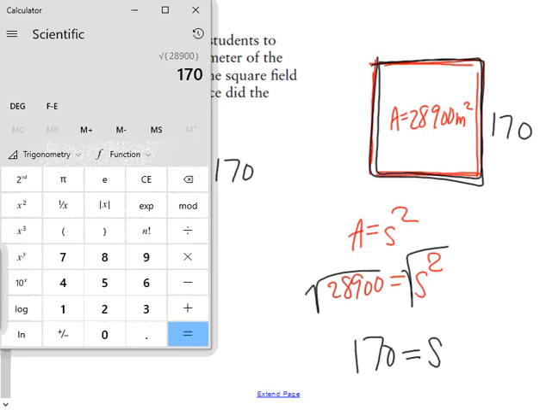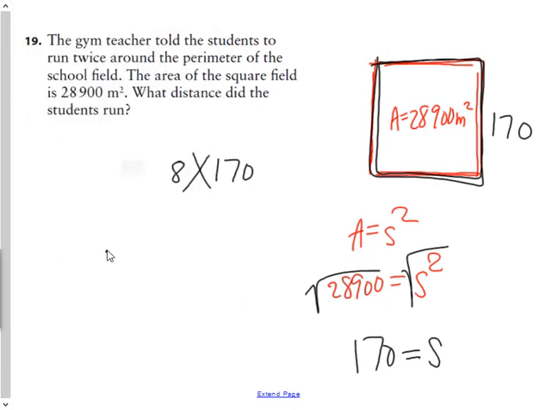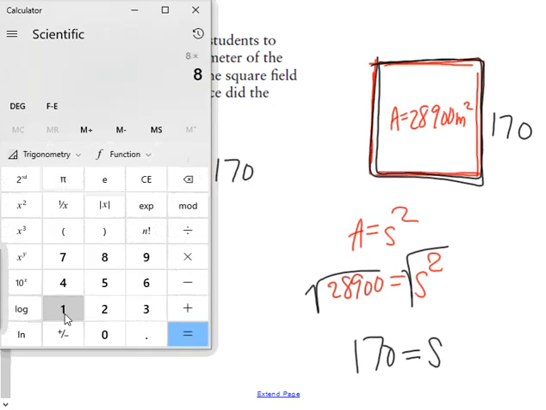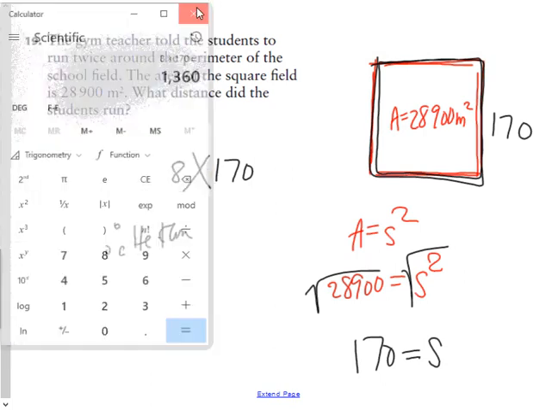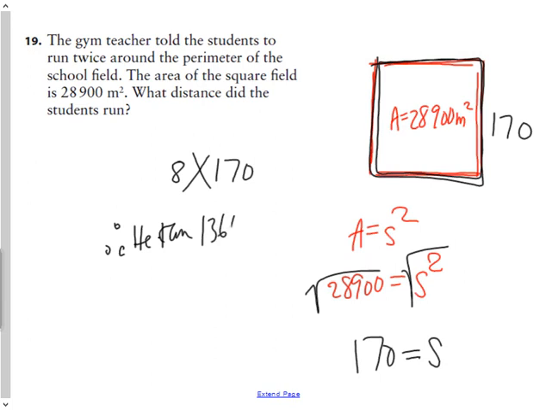So take the 170 and multiply it by 8, and you get, therefore, they ran 8 times 170 again, 1360 meters. Or if you want to make a nice conversion, 1.36 kilometers, because 1,000 meters equals 1 kilometer.